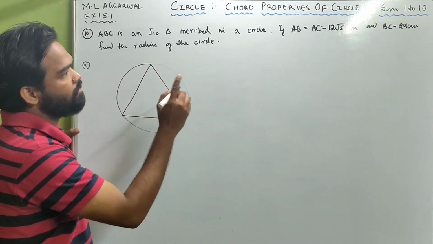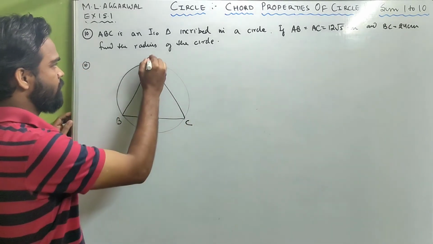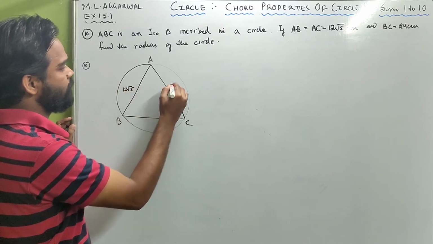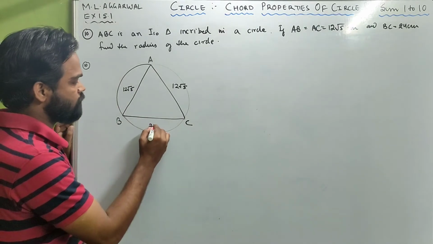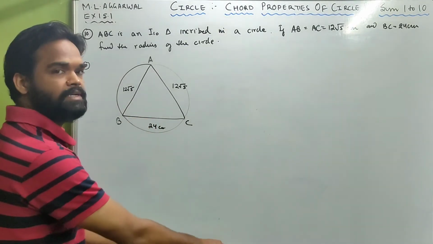If AB is equal to AC, suppose B and C I name it, and AB is 12 root 5, this is also 12 root 5, okay, and BC is 24 centimeter. Find the radius of the circle.